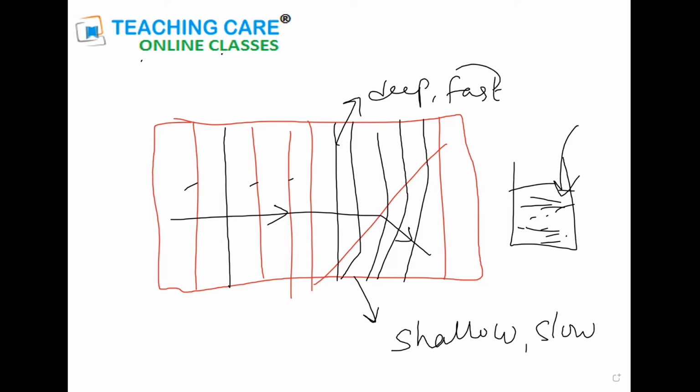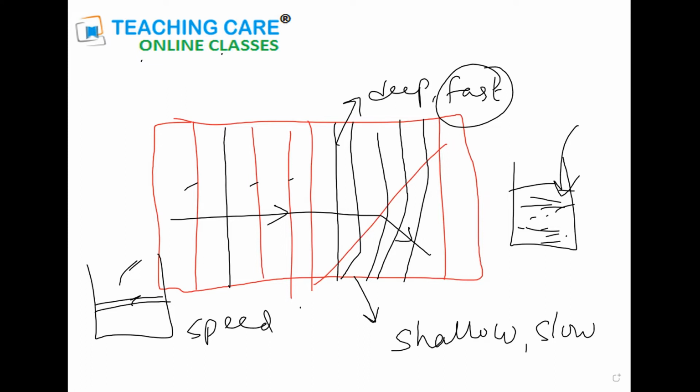Now once I immerse the glass plate, here the medium is water, here the medium is glass, so the medium is changing. This makes the change in the speed of light, so the speed decreases, which makes the ripple movement slower.